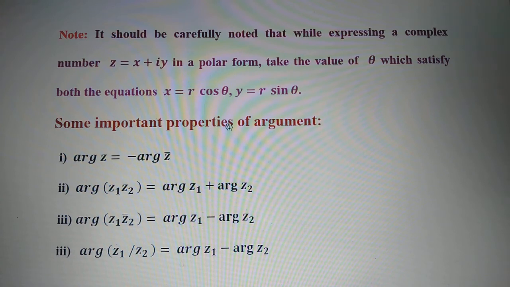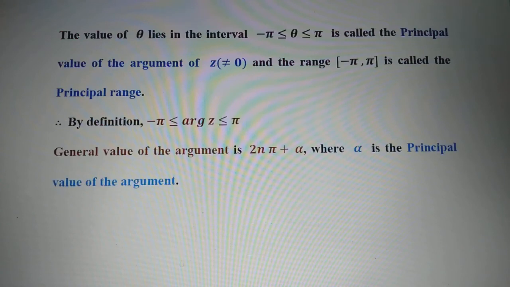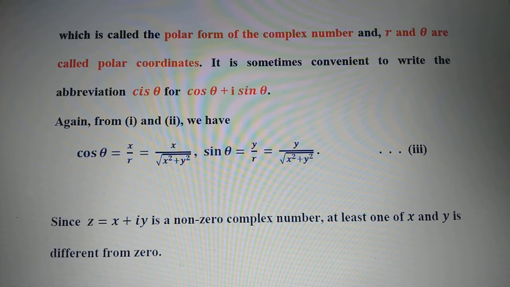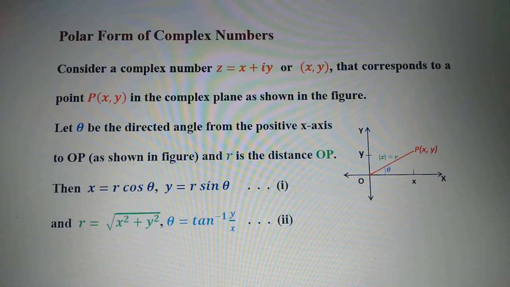Now some important properties of the argument. Argument of z is equal to negative of argument of z bar. Now what is z bar? The conjugate of z.